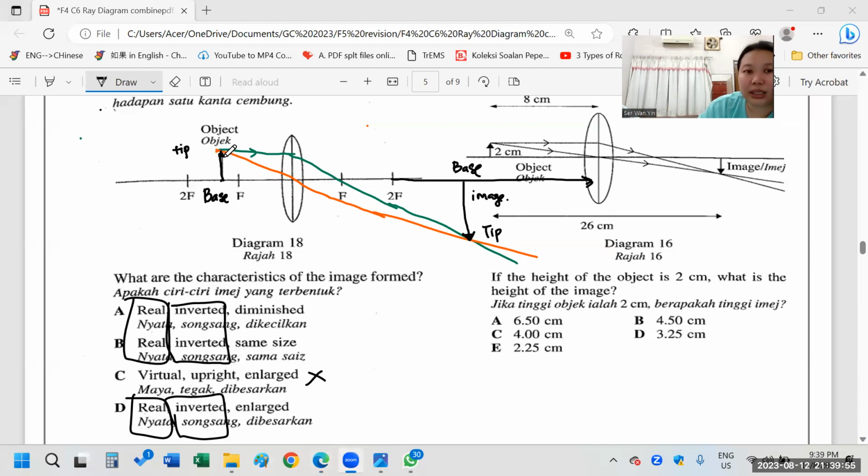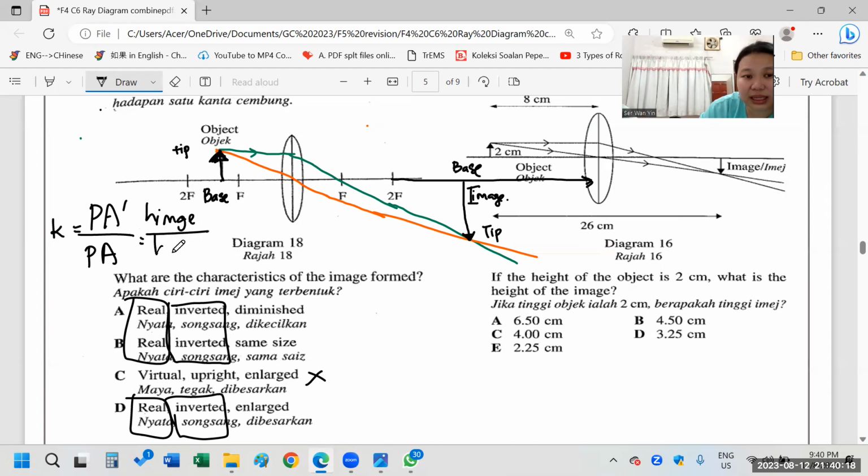Image is this size. We look at, sorry, object is this size. Image is this size. So K equals to A'P' over AP, the height of image divided by the height of object.